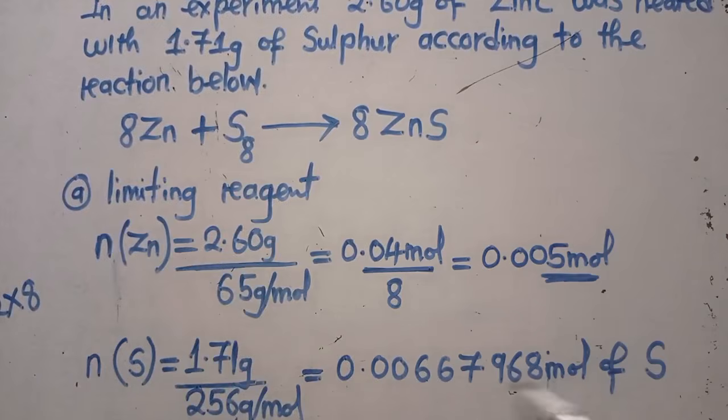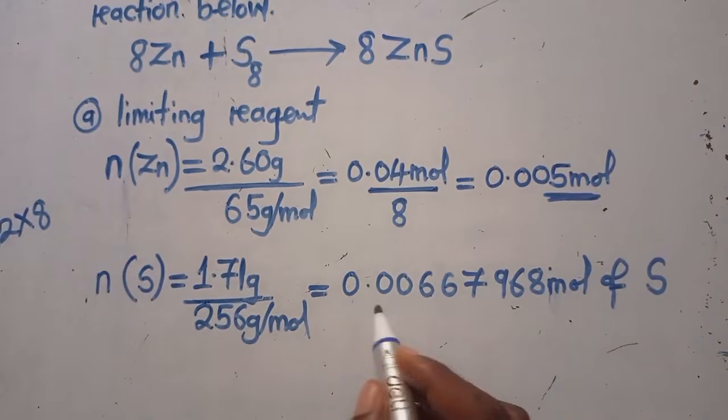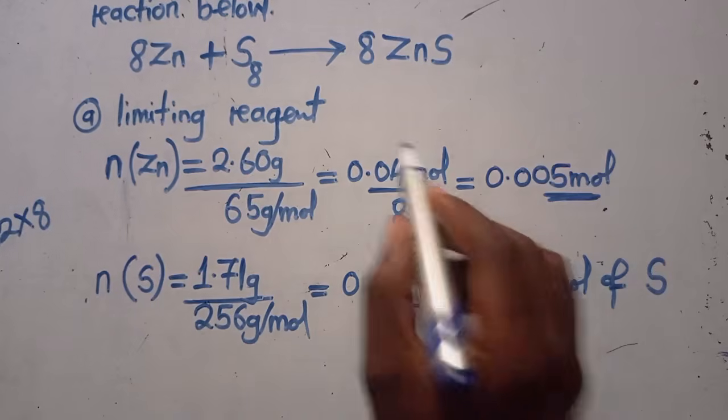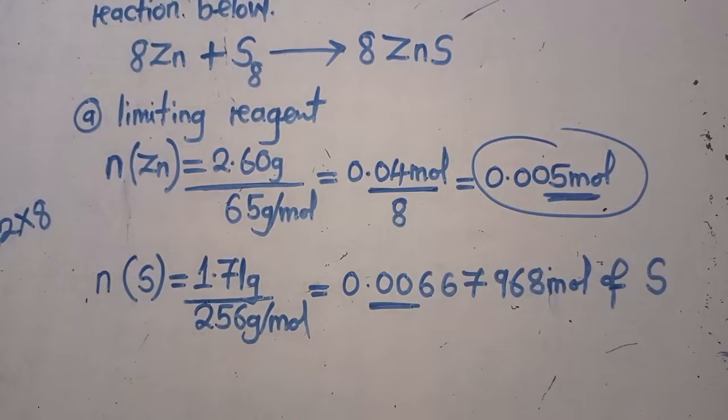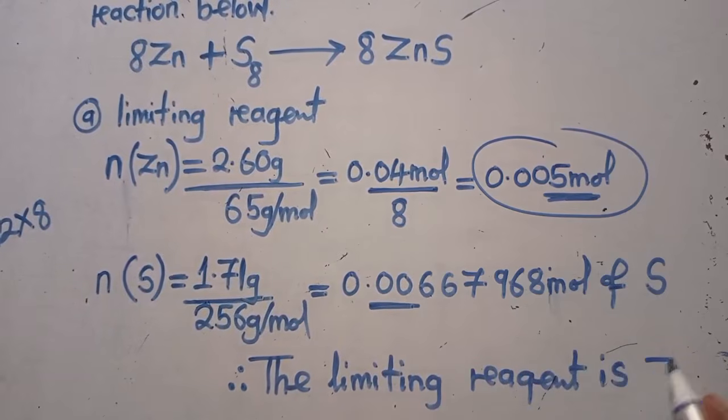Even if we divide it by 1, we are still going to get the same answer. So you just conclude which one has the smaller number of moles. It is this one. Have you seen these ones? So you conclude by saying, therefore, the limiting reagent is zinc.